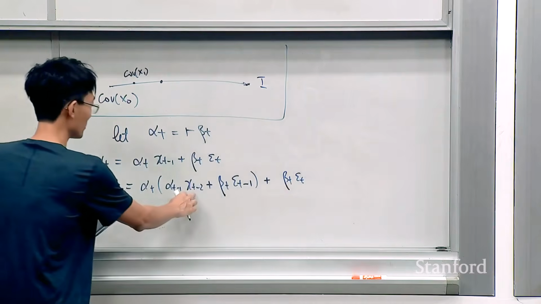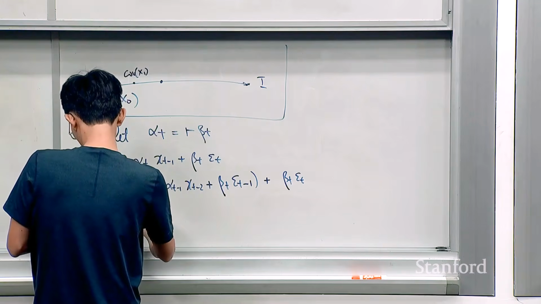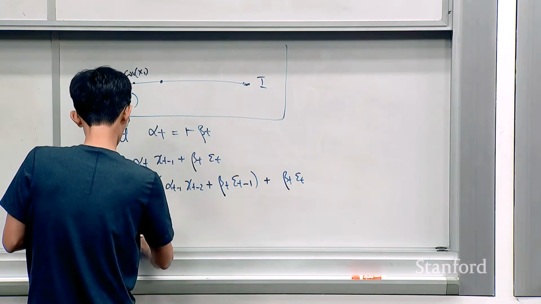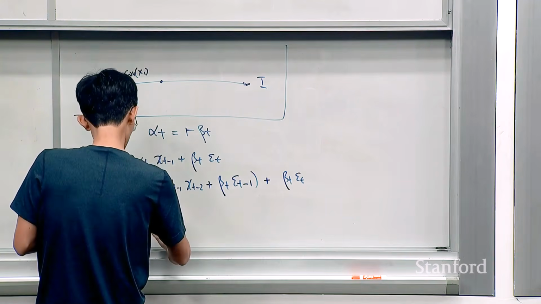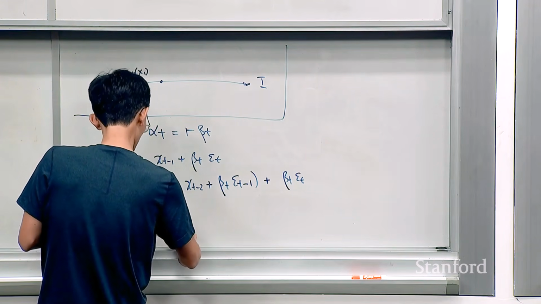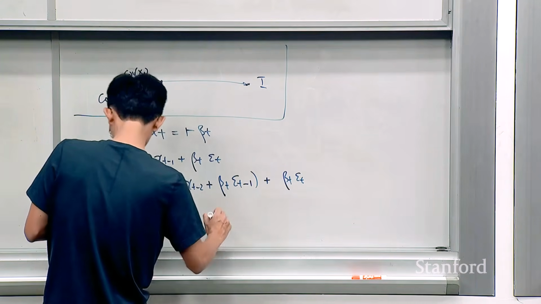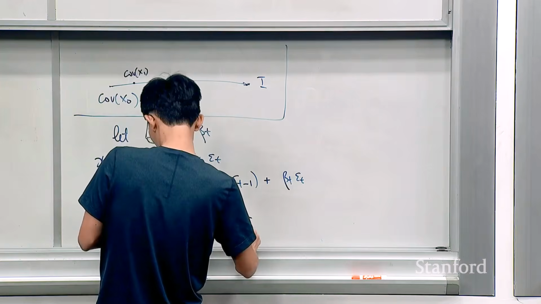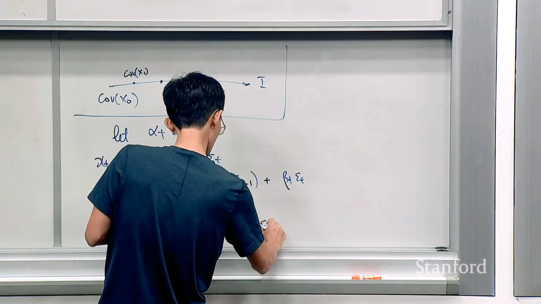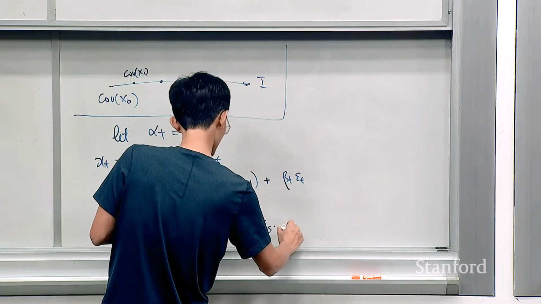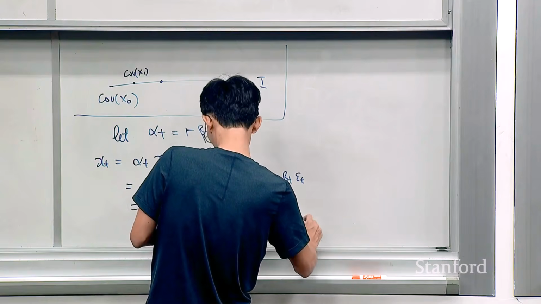And then you can plug in the definition of xt minus 1 again, and you can keep doing this. And eventually, if you roll out everything, you're going to get something like this: alpha t minus 1 up to alpha 1 times x0 plus more terms. This is a pretty complex formula, but actually it's not that complicated to guess.